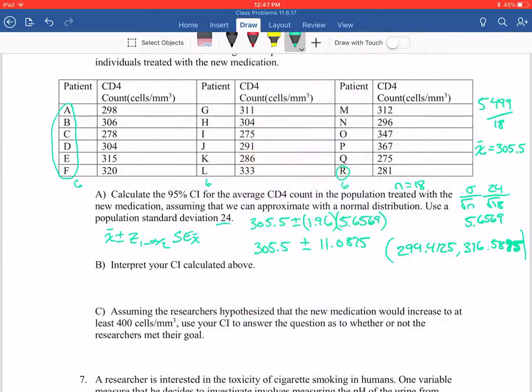And that is going to be our confidence interval for 95% confidence.